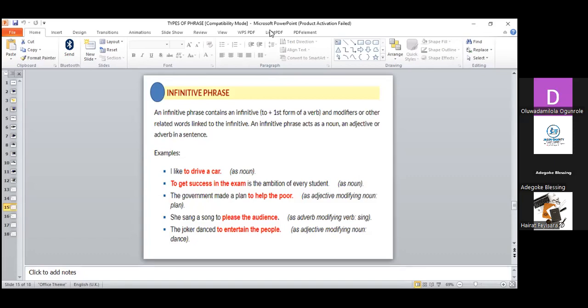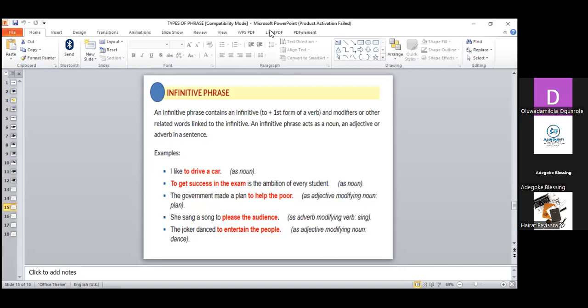The second one says, to get success in the exam is the ambition of every student. Now, this expression, to get success in the exam, is functioning as the subject in the sentence, because it is coming before the major verb in the sentence. It is only a noun or anything formed to become a noun that you can use as the subject of the sentence.